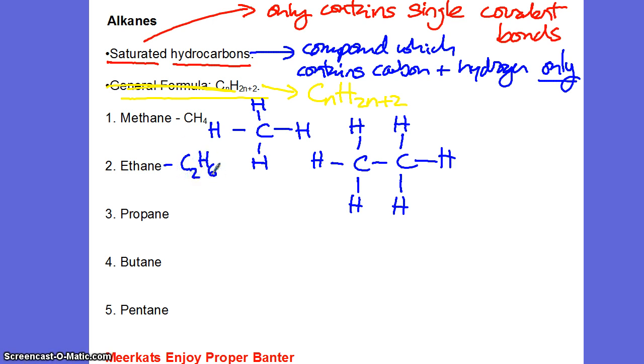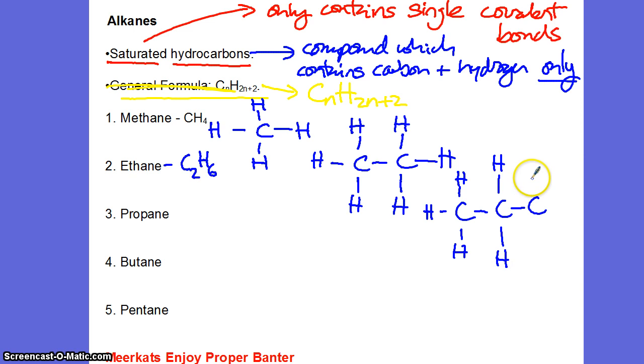Propane is the next one in the series. It's going to have 3 carbons. I'll just draw it, running out of space a little bit. I'm going to draw it over here. There's my 3 carbons. This carbon here has already formed 1 bond, so we need 3 bonds there. H, H, H. This carbon in the middle has already formed 2, so it just needs 2 more bonds, and on those we put hydrogens.